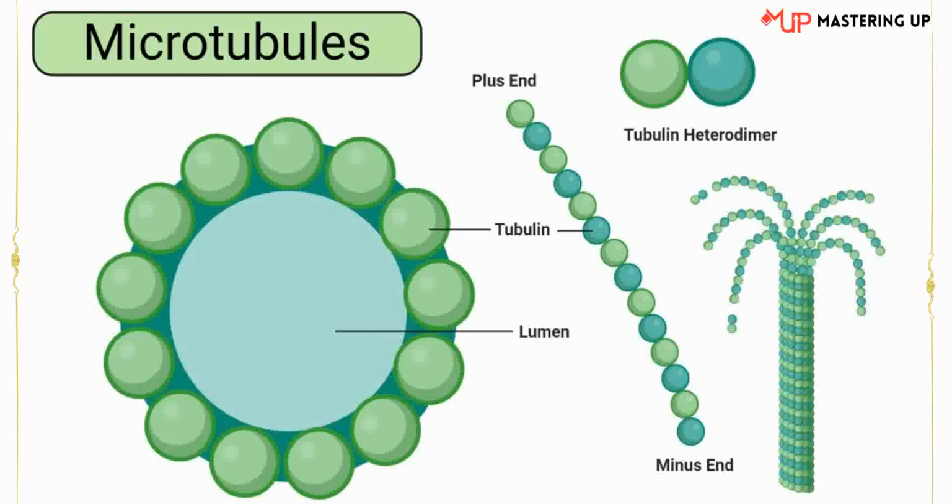This dynamic nature allows microtubules to adapt quickly to the changing needs of cells, whether it's during cell division, transport, or reorganization in response to environmental stimuli. The hollow tube-like structure provides strength and flexibility, making microtubules an ideal framework for tasks ranging from intracellular transport to shaping the cell walls.